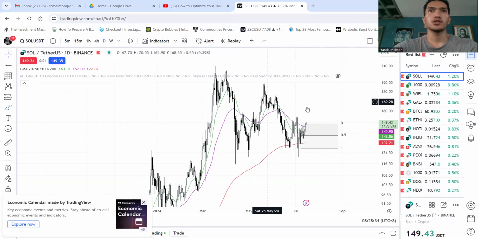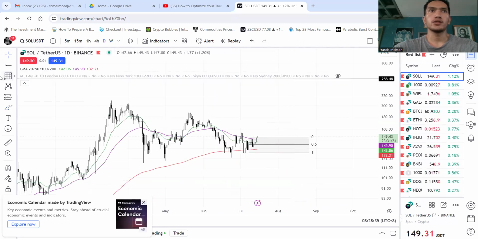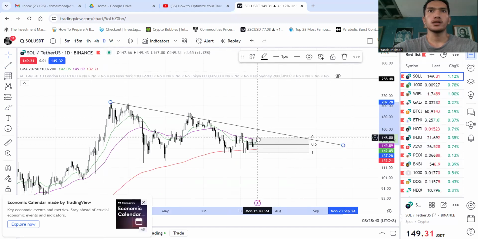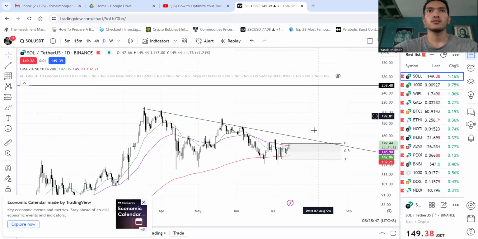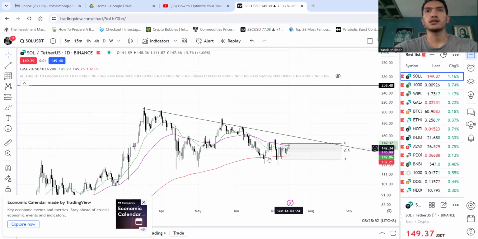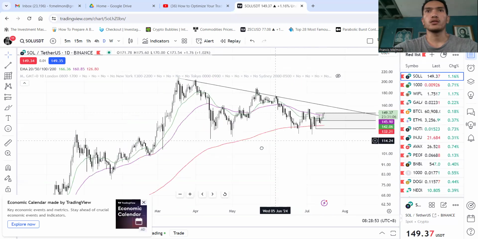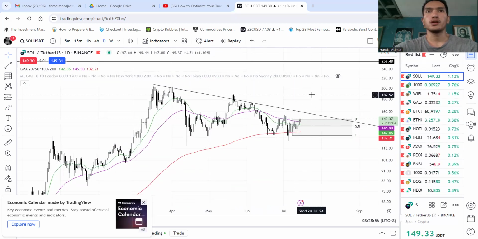For a bullish scenario, this would be the case. So it needs to break. It might not retest this trend line, but it needs to break this trend line before we would say that we are on a bullish price action.